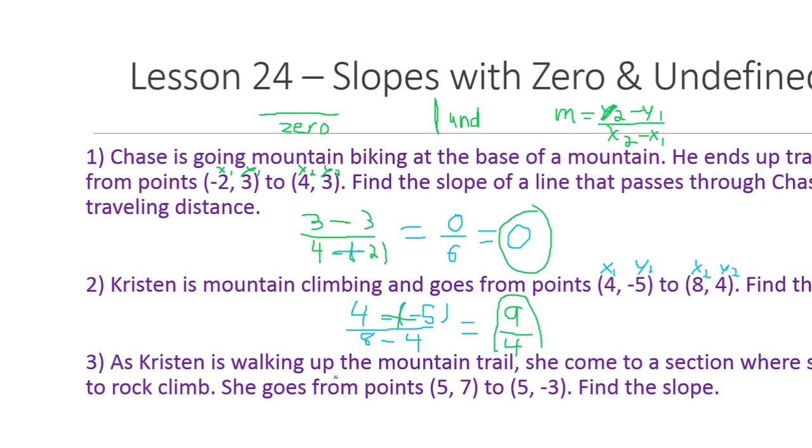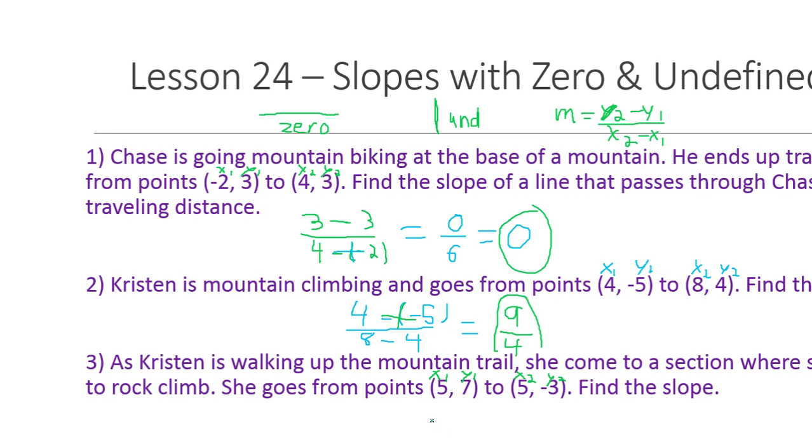As Kristen is walking up the mountain, she gets to a section where she has to rock climb. She goes from the points 5, 7 to 5, -3. Find the slope. So, let's look at this. Again, we've got to label our points. x1, y1, x2, y2.